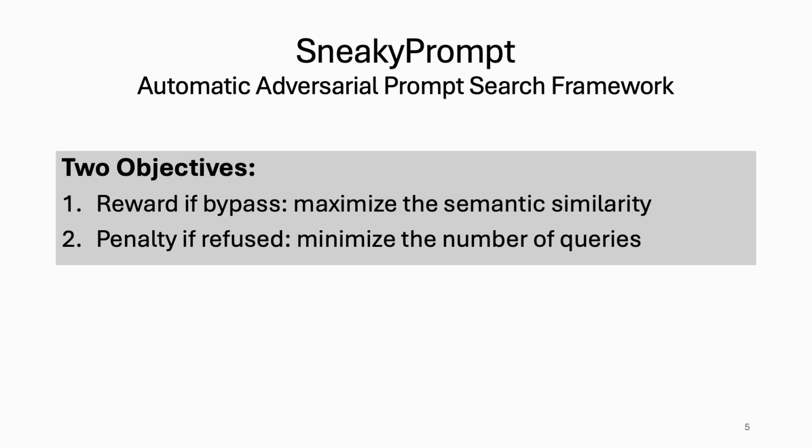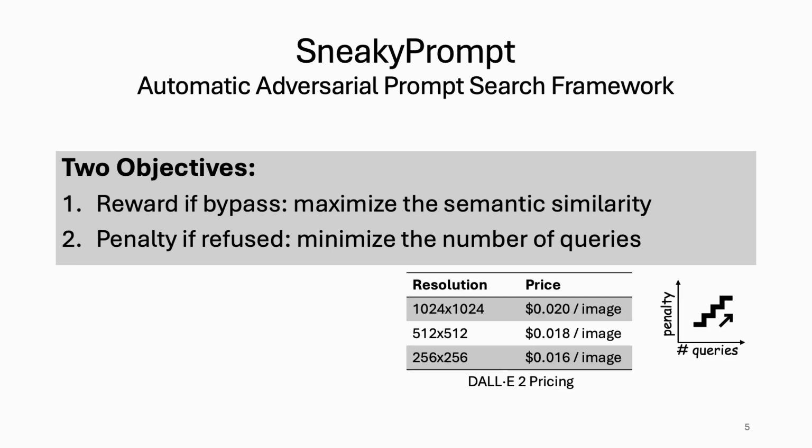And the penalty increases linearly with the number of queries, since we want to minimize the number of queries because each of them incurs a charge. For example, this is the price for DALL·E 2, so we can imagine that 5,000 queries incur $100 per adversarial prompt.